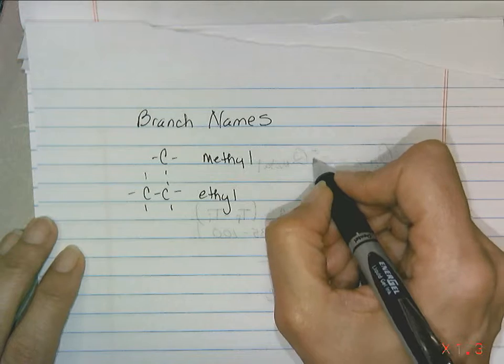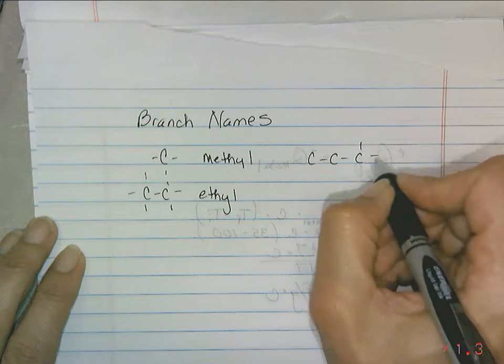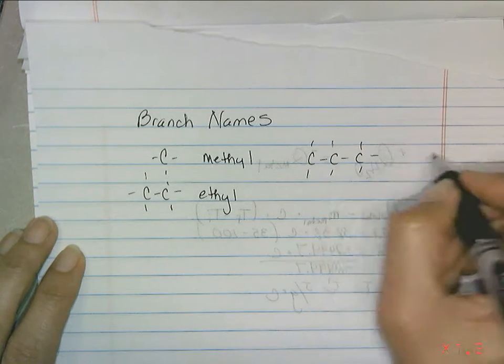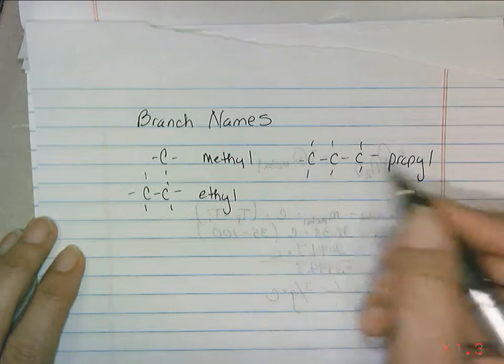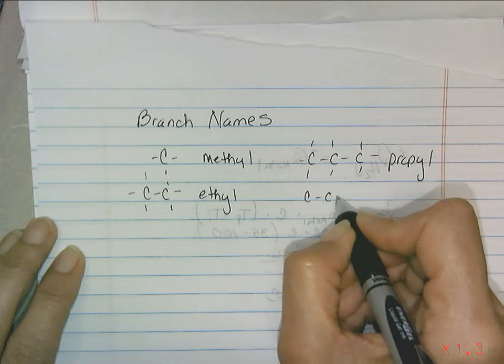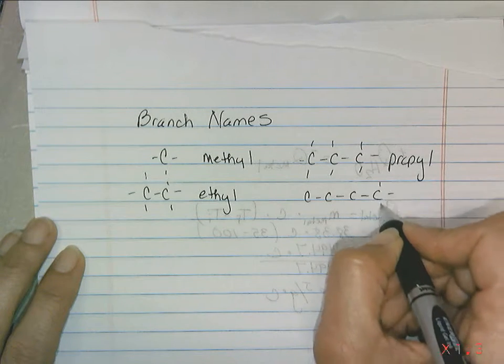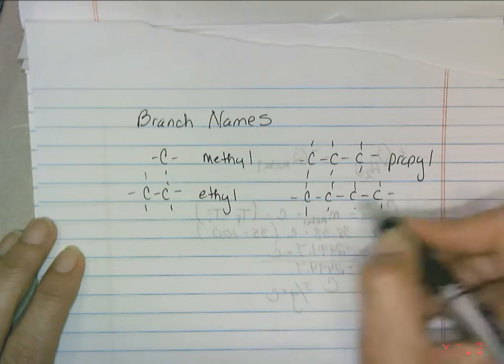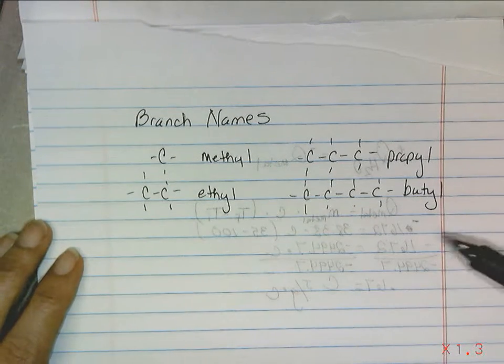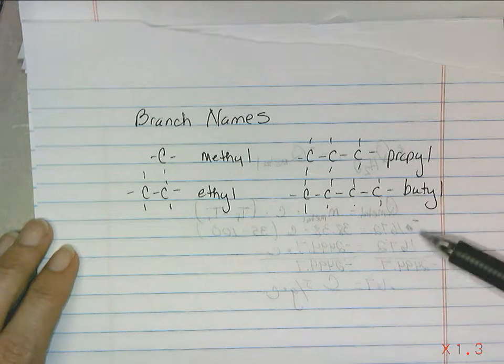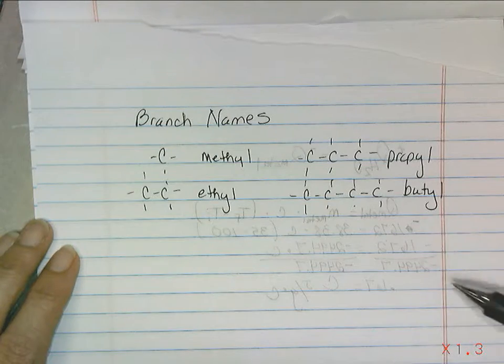If you've got a 3-carbon branch, you have propyl. And if you have a 4-carbon branch, you have butyl. Now there is pentyl for 5 and hexyl for 6, but you're not likely to see those.